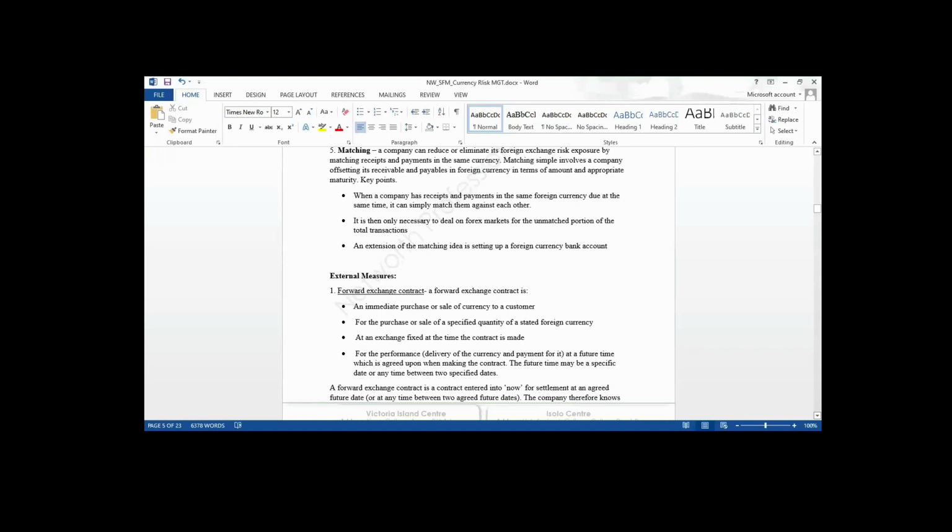That fixed exchange rate is known as the forward rate, but the performance of the contract will be at a future specified date.